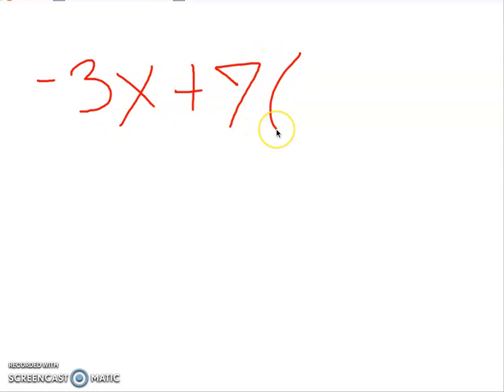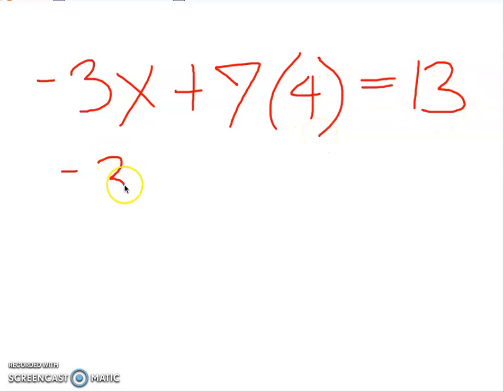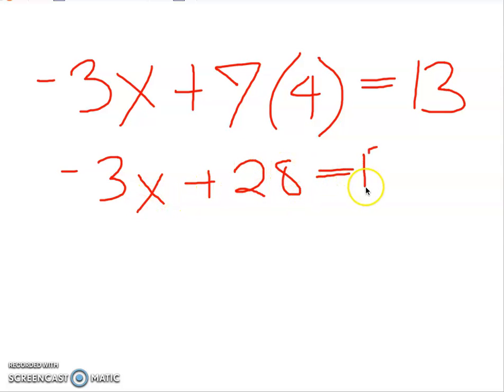All right, so I'm going to plug into the first one, so negative 3. We don't have the value for x, so let's take that part off. So negative 3x plus 7, and our y value is 4, equals 13. So negative 3x plus 28 equals 13.